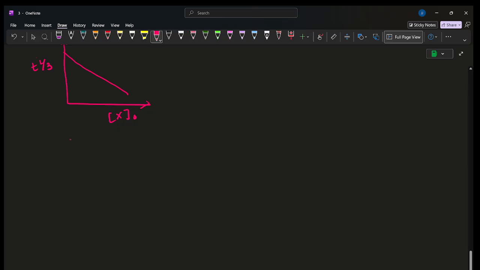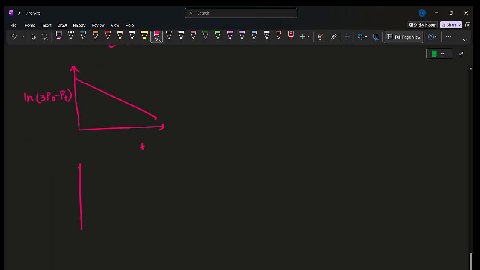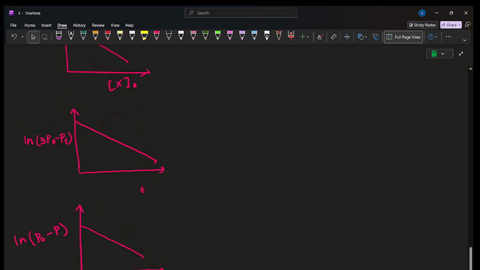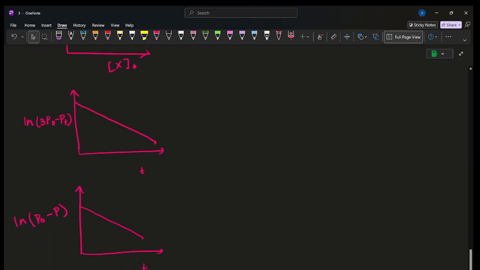Because the next option would actually be this one, which is ln 3P naught minus P total with the time, and it's a decreasing slope. And the last option is something like this, decreasing slope, t versus ln P naught minus P. So definitely there would be something between C or D. It's not going to be both, but it's actually this. But how did they get the 3P naught is my doubt.